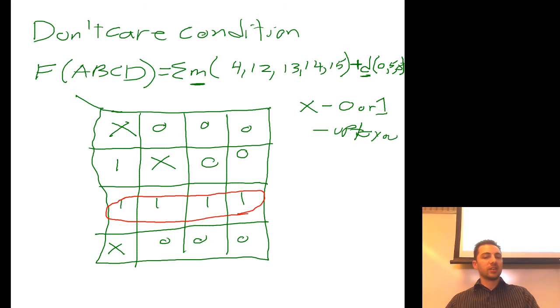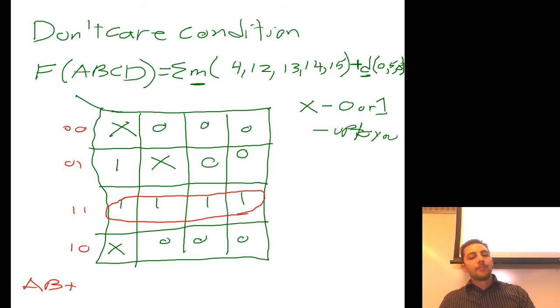There are no groups of 16, there are no groups of 8. That's a nice group of 4 to circle. It circles all the 1s. And this would be AB. That's the term.